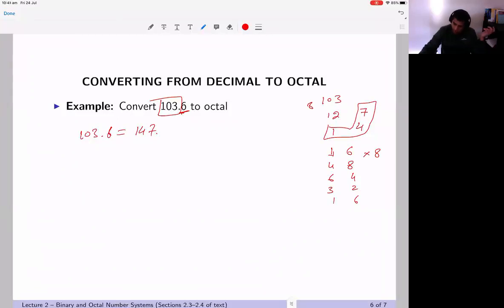And then there is a repetition: 8 times 6 is 48 again. So after that, it repeats itself. So my digits are 4, 6, 3, 1, and then 4, 6, 3, 1, and so on, in base 8.